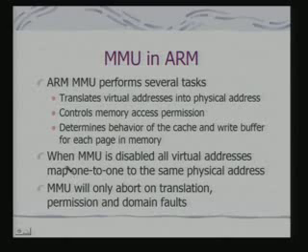When the MMU is disabled, all virtual addresses map one-to-one to the same physical address. That means for a simpler system, you have a provision to disable the MMU. Your 32-bit addresses which ARM generates will be mapped directly onto physical addresses. And the MMU will abort on translation, permission and domain faults. These are the exceptions that the MMU would generate under error conditions.